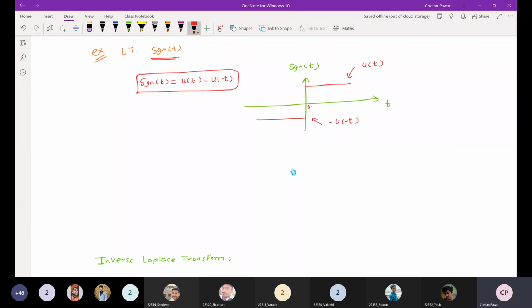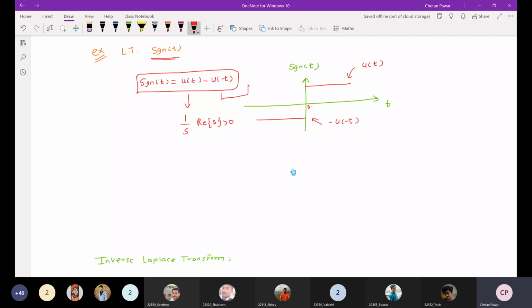Is the Laplace transform existing for this function? No, sir. Good. Because u of t has a region of convergence greater than 0.